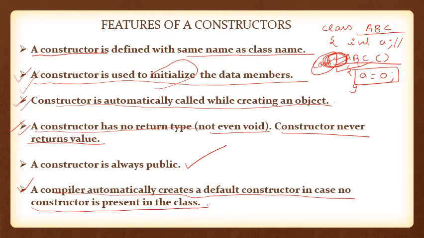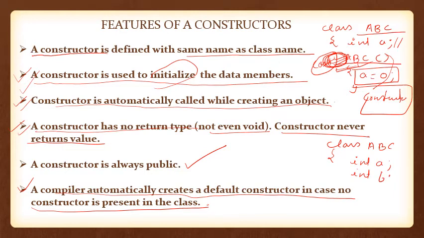Means if a constructor is not defined by the user, for example, here is a class ABC with int a, int b, two data members, and no constructor. In that case, if you are creating the object, ABC ob = new ABC.